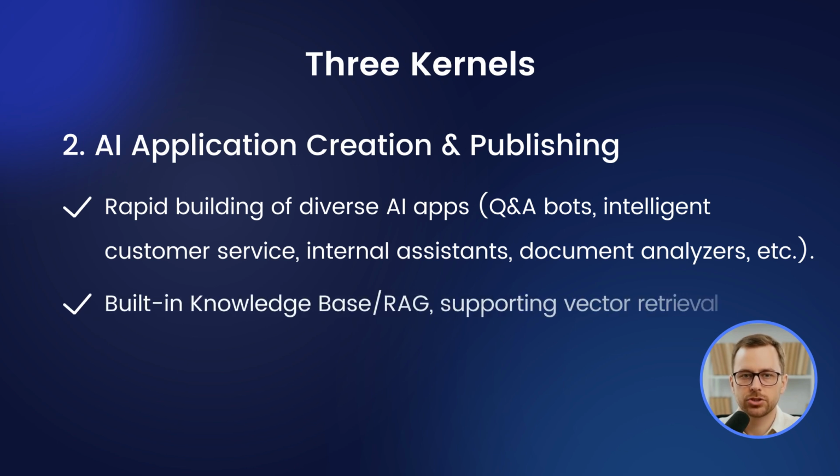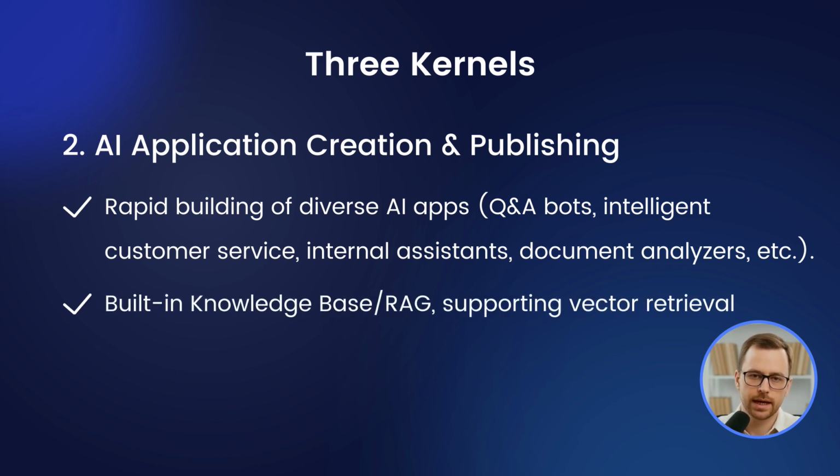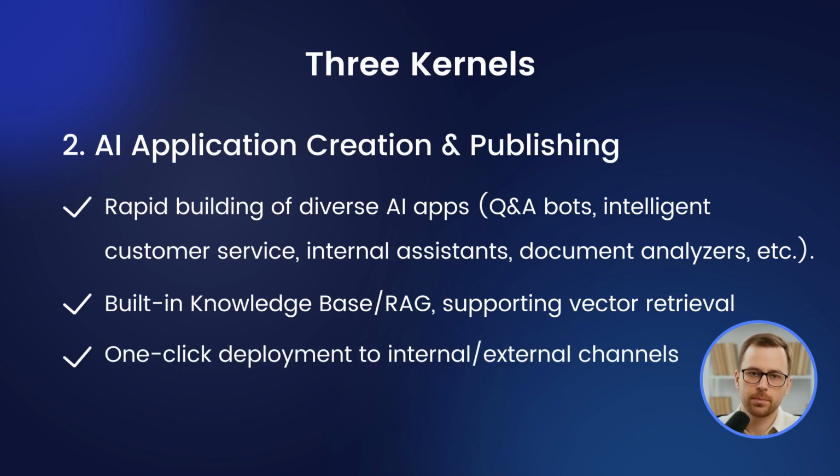Our built-in knowledge base and RAG engine support vector retrieval, document reading or writing, and prompt and code version management, facilitating tuning and reuse. You can also support one-click publishing to the internal employee entry point, which is our workspace, as well as external channels, such as an external customer service bot on your official website. It simultaneously possesses permissions, session management, and auditing capabilities.